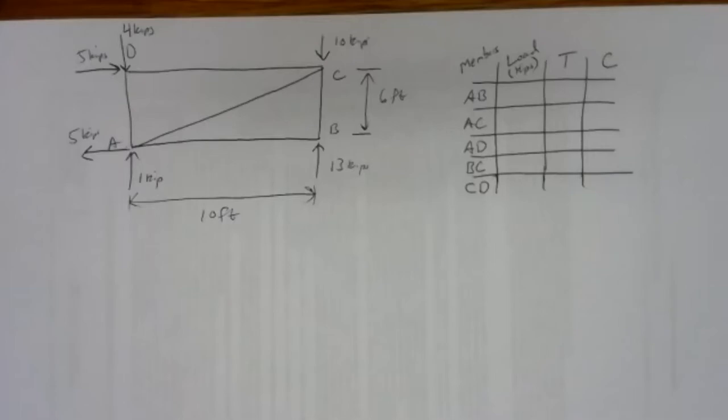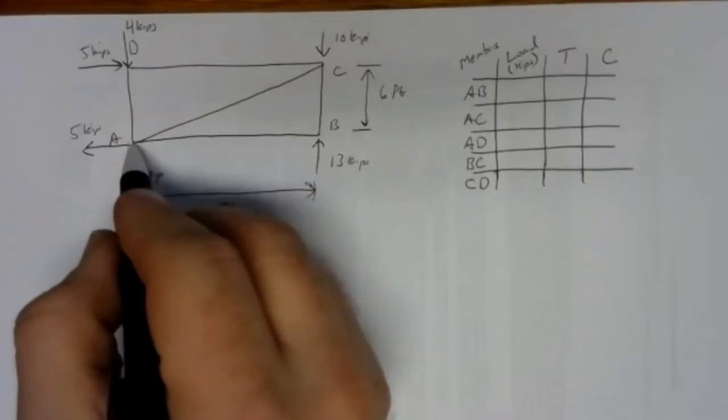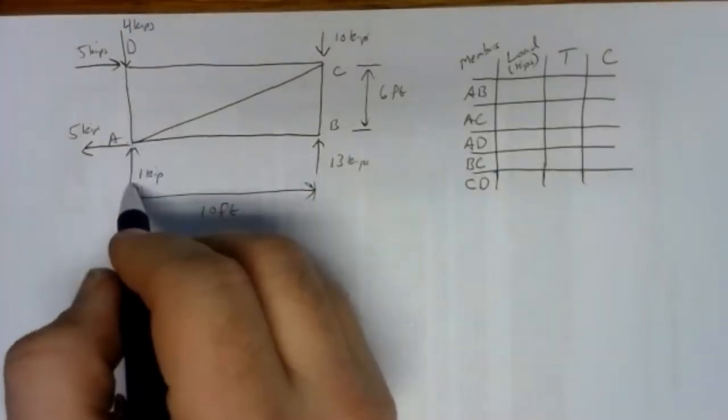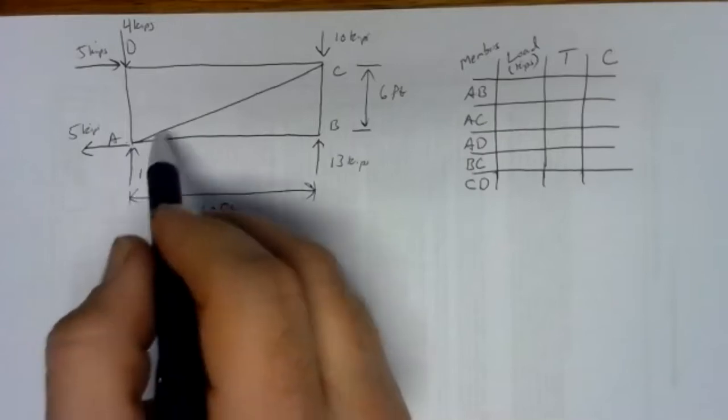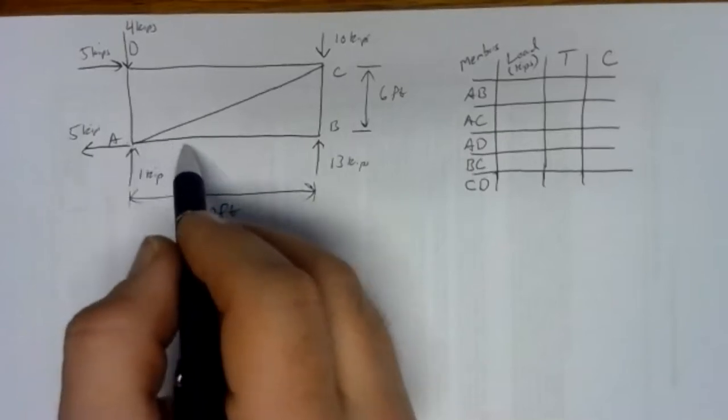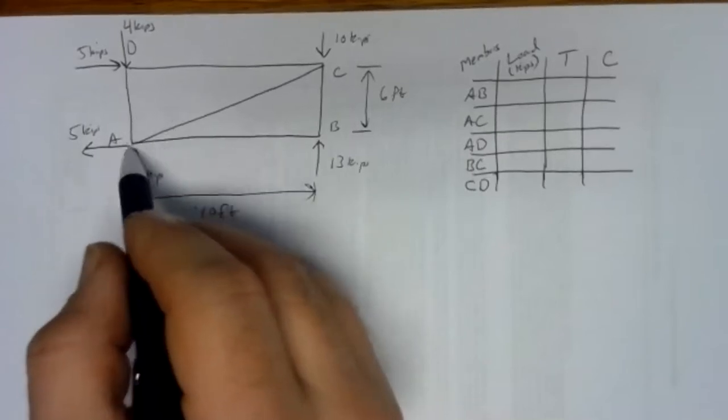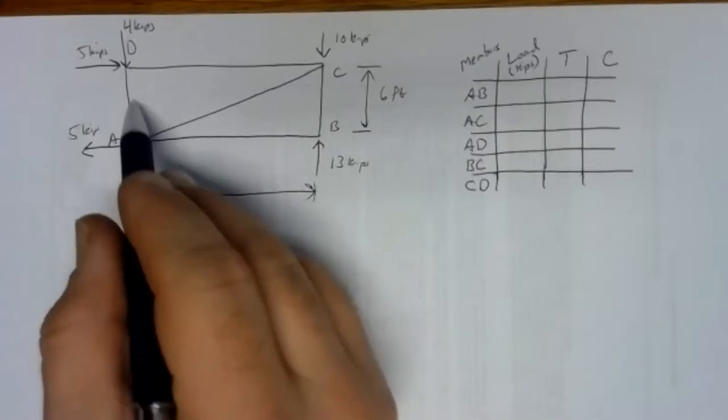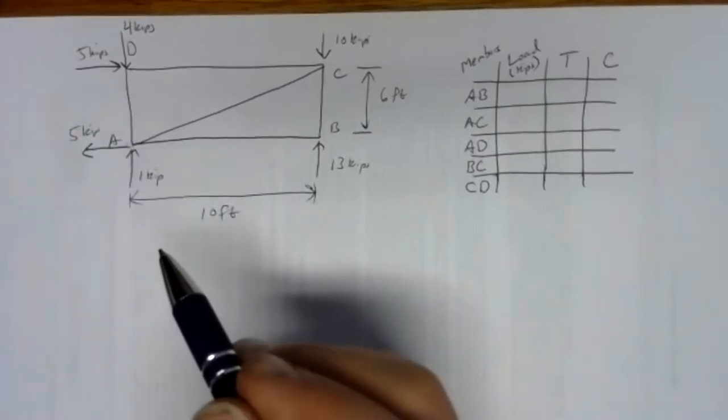So we can't pick a joint where we are missing more than 2 pieces. So for example here, if we started at A, we could draw the free body diagram, but we'd end up with 3 unknowns because we don't know the force carried by member AB, we don't know the force carried by AC, and we don't know the force carried by AD.